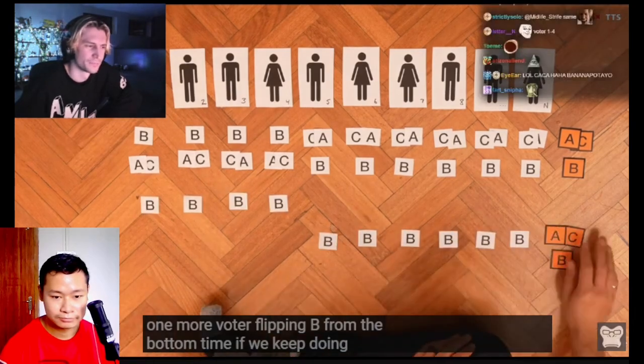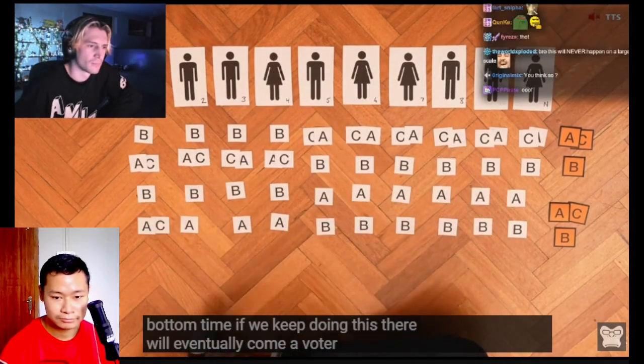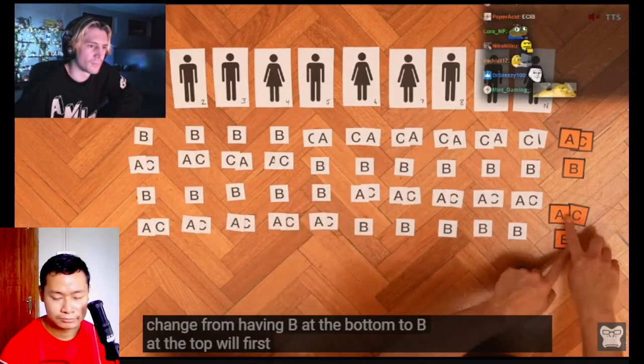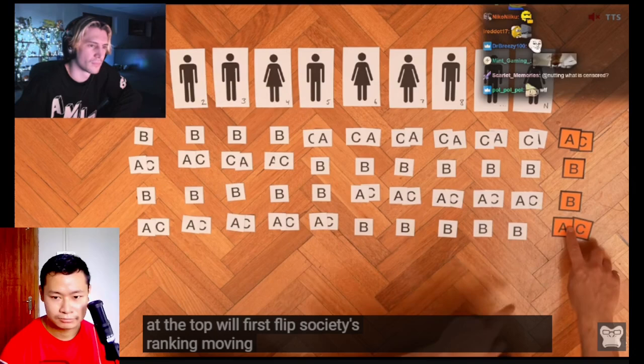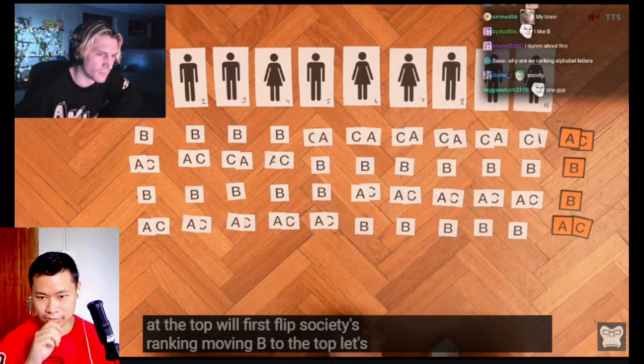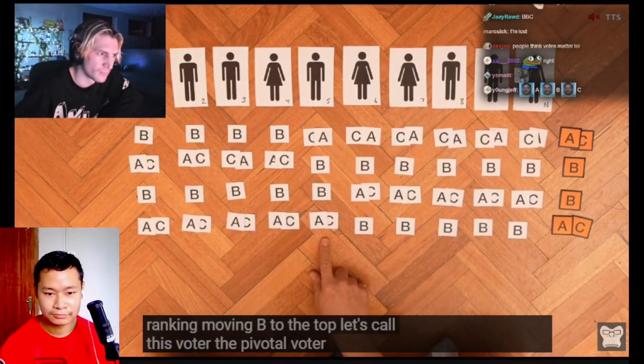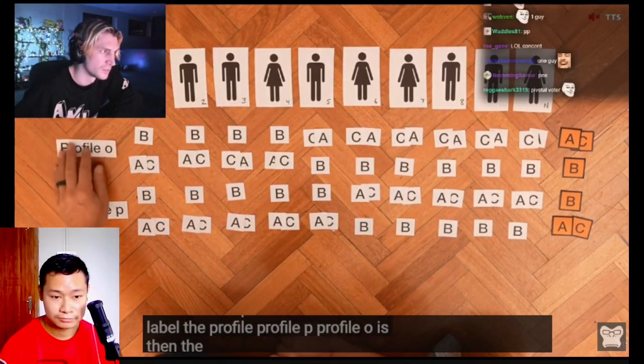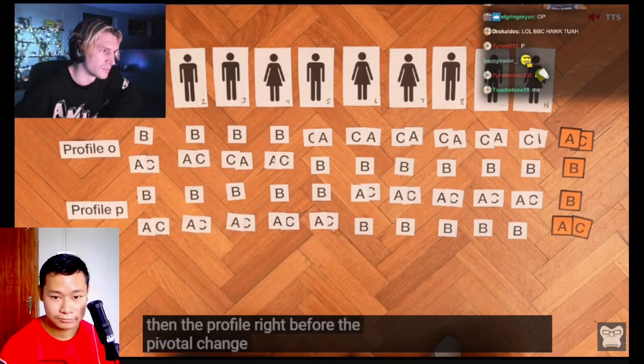If we keep doing this, there will eventually come a voter whose change from having B at the bottom to B at the top will first flip society's ranking, moving B to the top. Let's call this voter the pivotal voter, and we'll label the profile Profile P. Profile O is then the profile right before the pivotal change happens.